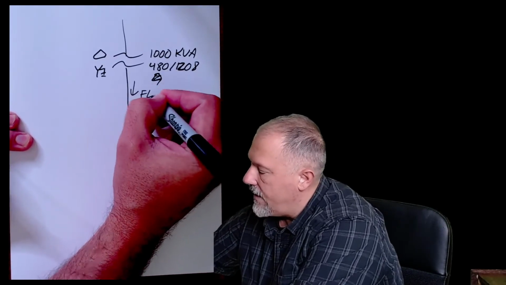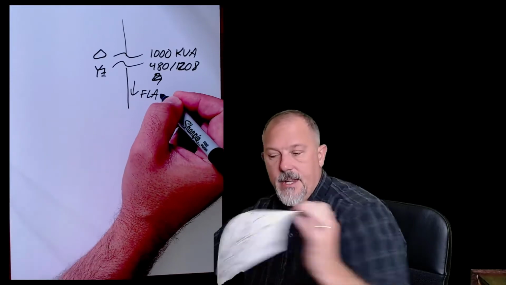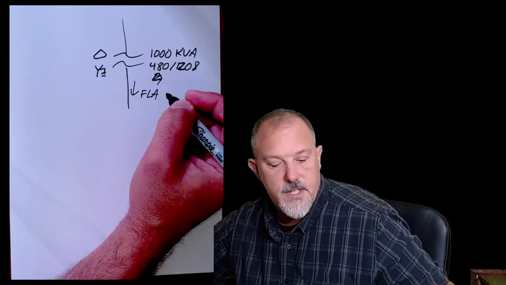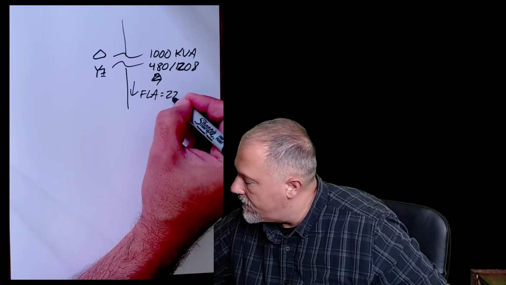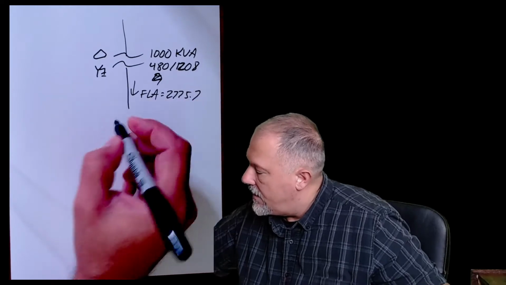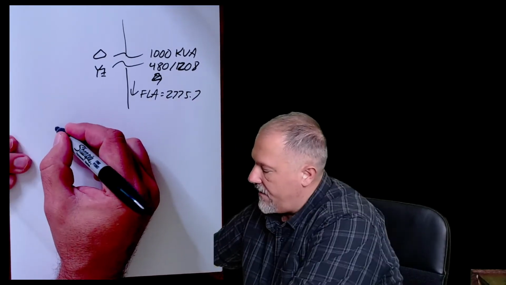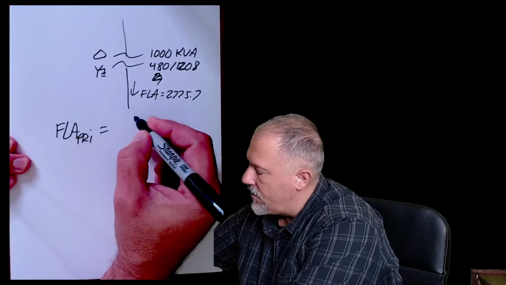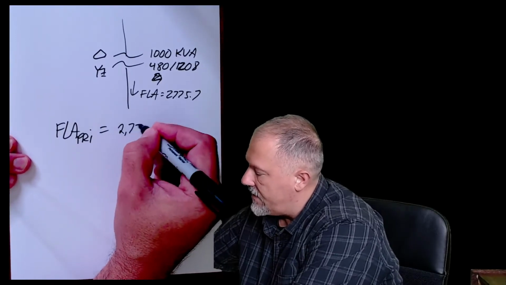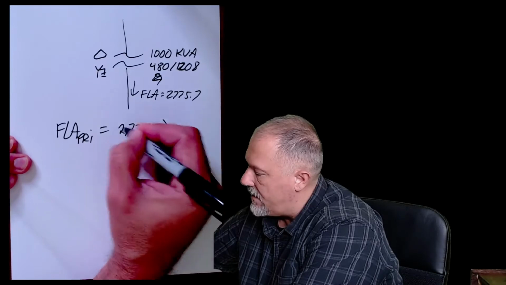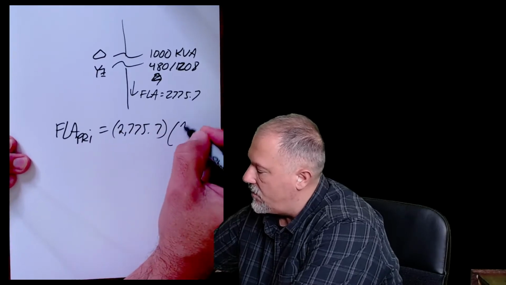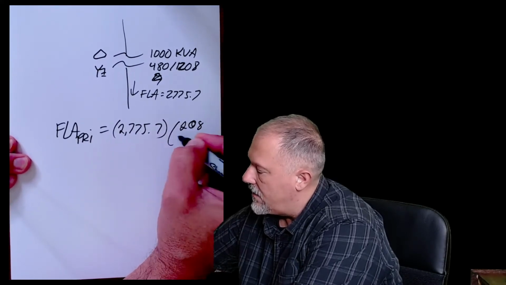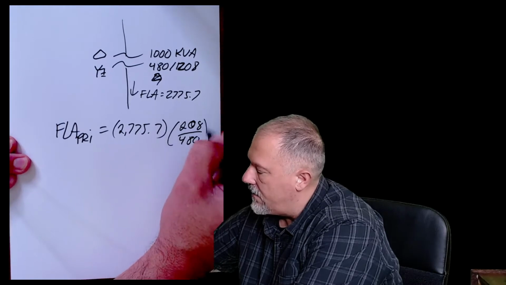My full load amps on the secondary was 2775.7. To get primary full load amps, primary equals 2775.7 times 208 divided by 480.